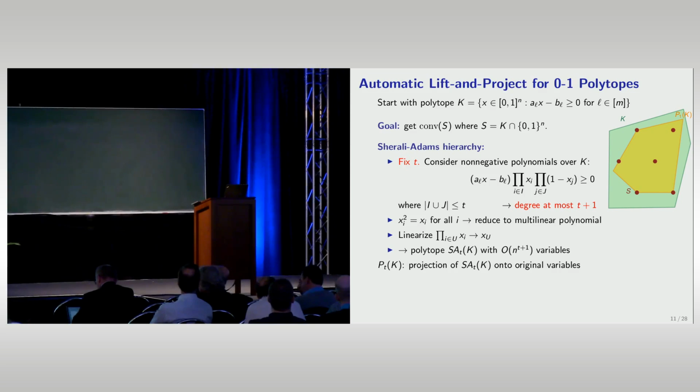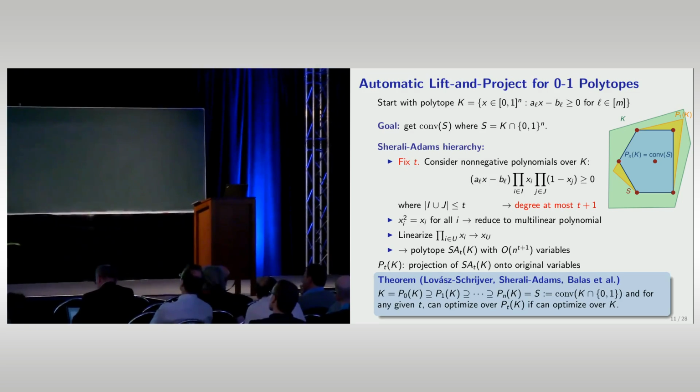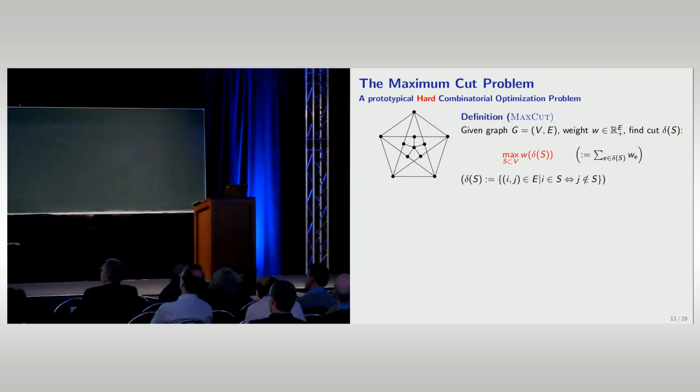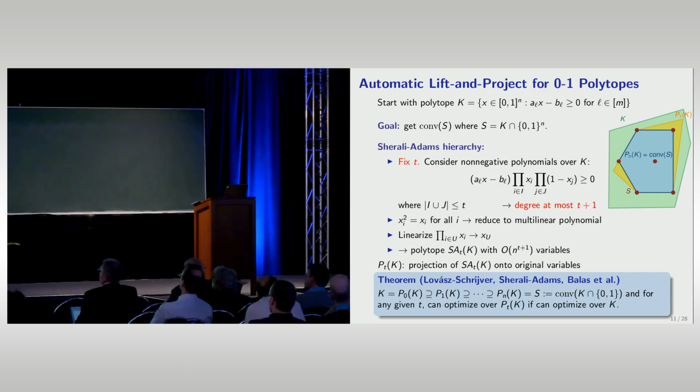So for example, from K, you could get K1 and then get K2 and so on by using different degree bounds. And so what one can show is that you get a sequence of refinements, and if you do it n times, so if you take degree n, then you get precisely the convex hull.